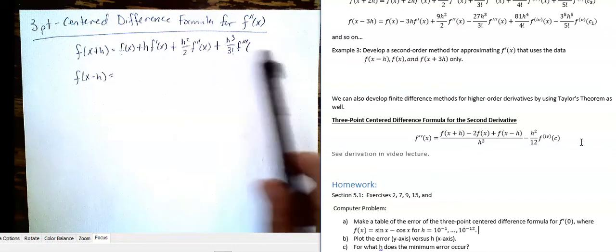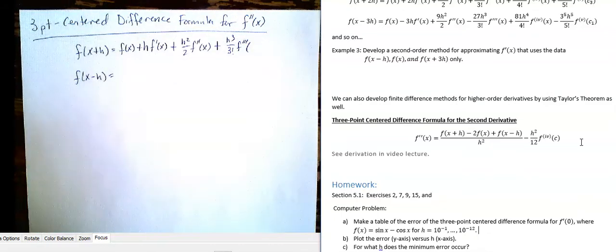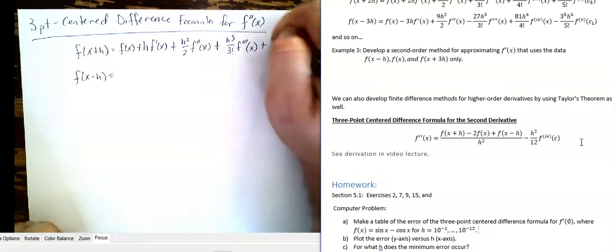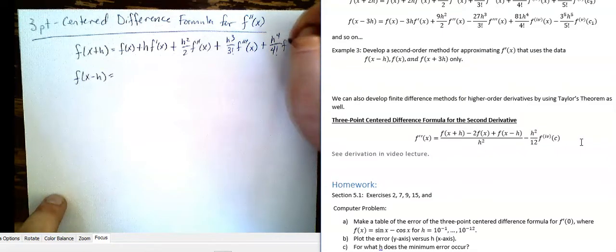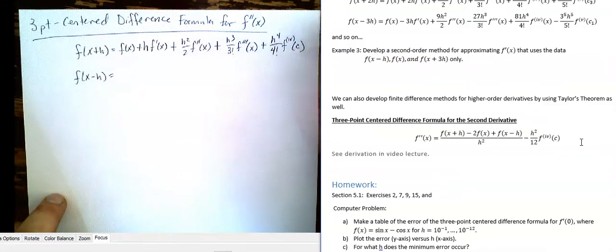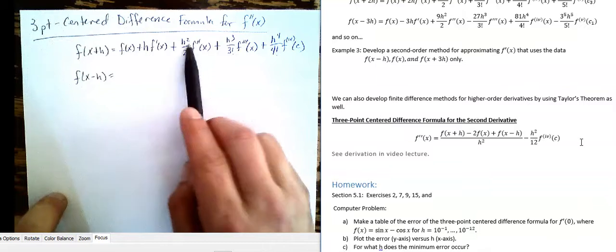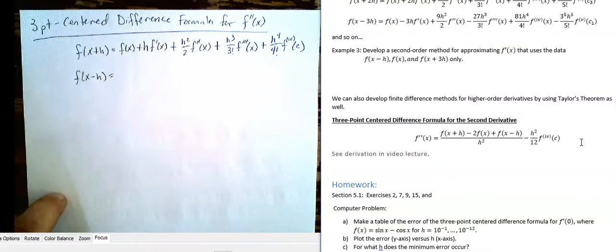So we would need to go out to 4 terms to do that, right? So h to the 4th over 4 factorial f quadruple prime at c. All right, so once again, this will be our error term. When we divide by h squared, we get an order 2 method.